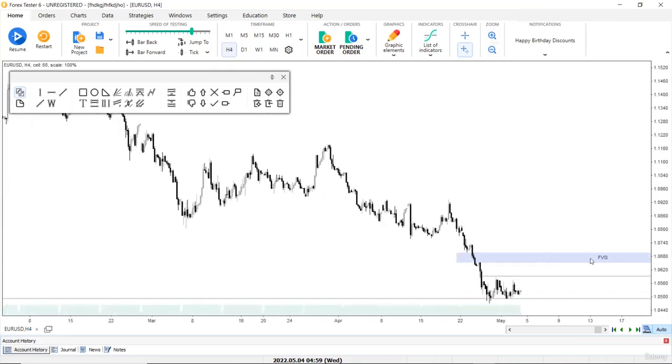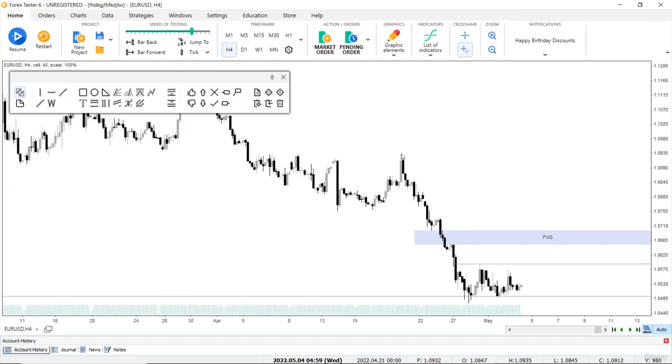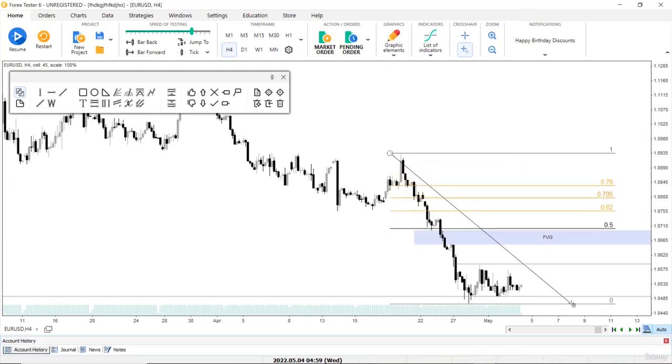So zoom this out, I want to see everything, right? On the 4-hour time frame, we should be working with this leg right here, from there to there. So if I just draw out my Fibonacci right there.